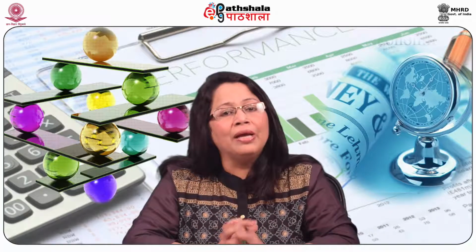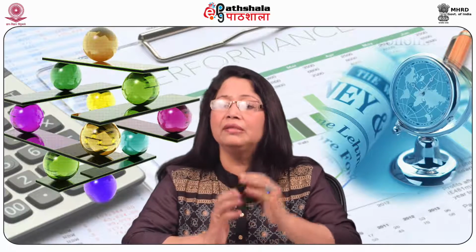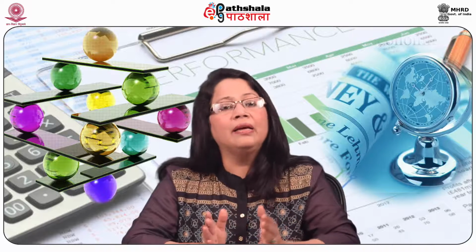To generate this demand, government spending, also known as public expenditure, plays a major role. To finance this spending, the state needs to raise revenue, and hence the role of taxation comes to the fore.